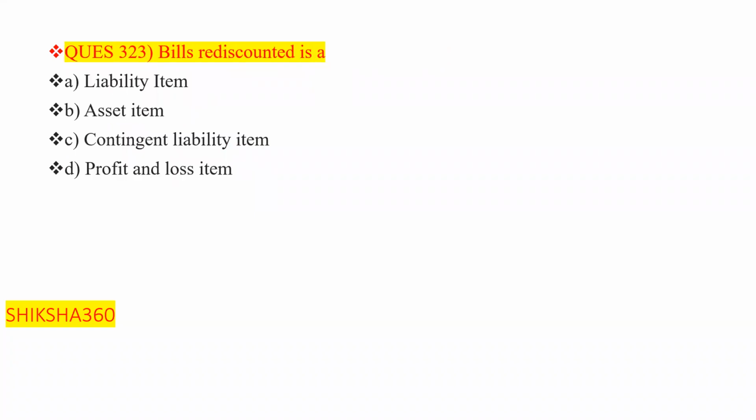Question number 323. Bills discounted comes under which category? Liability item, asset item, contingent liability item, or profit and loss item.